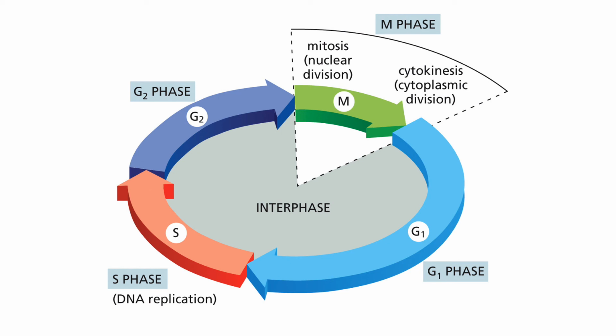So let me describe what we have here. We have a number of different phases. Let's start with G1 phase. G1 phase is a phase where cells are preparing for cell division, for DNA synthesis. That's in blue. S phase is shown in the center in orange. S phase is DNA replication.